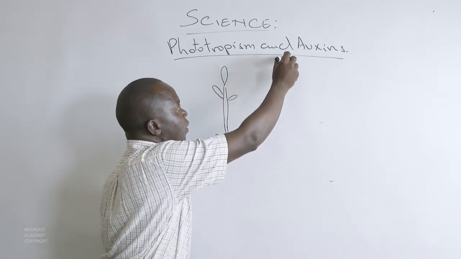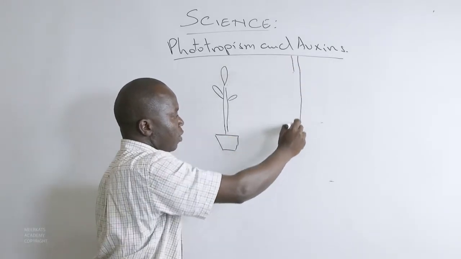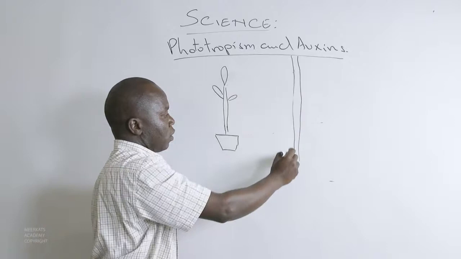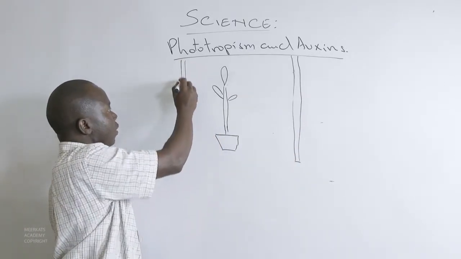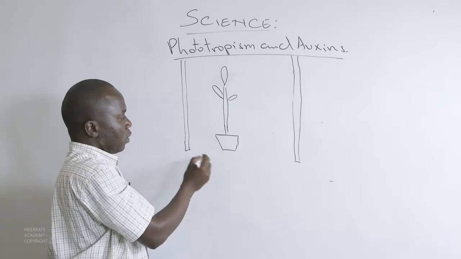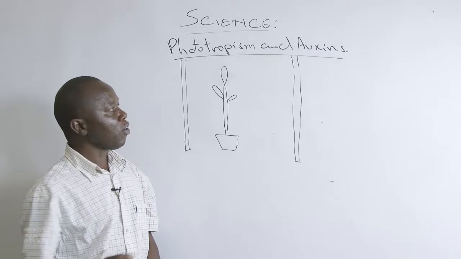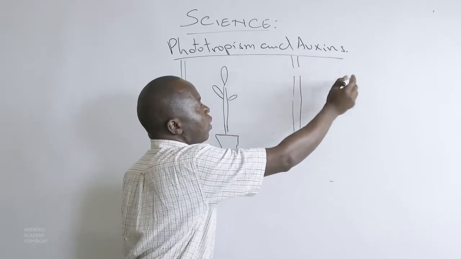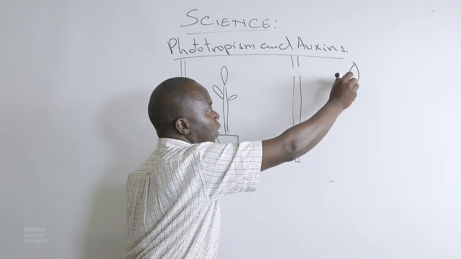And then in this direction, we have a cardboard, and then there, cardboard. So it's in darkness, but at that point we have a hole with light, in directional light.